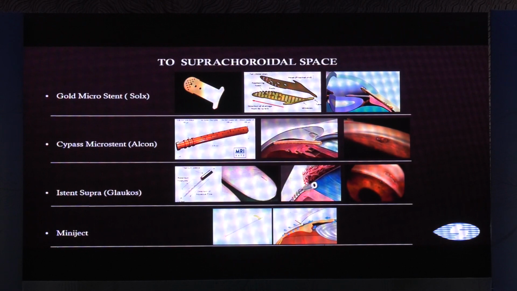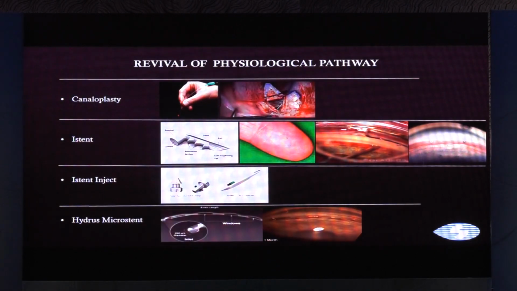We do not know why, but later they found out that the more the rings are projected into the anterior chamber, the more the endothelial damage. That's why they changed it and put it deep into the suprachoroidal space. iStent Supra is another attempt like the CyPass, and there are microjet implants.